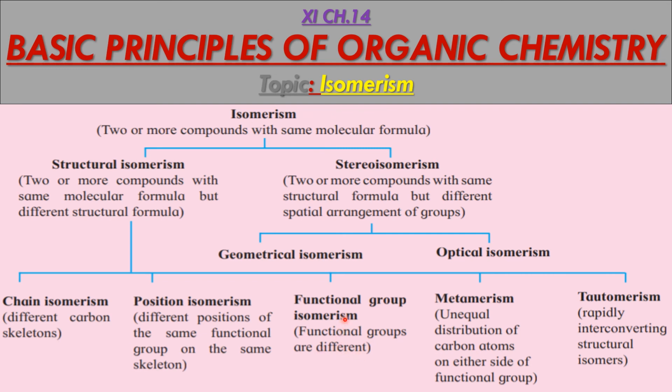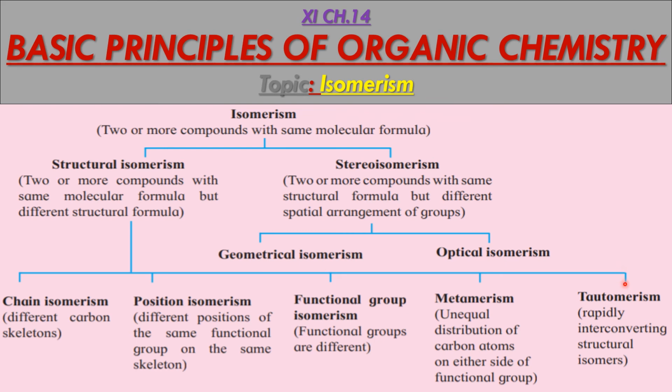Then functional group isomerism: in this type the functional groups in the two molecules are different. Their molecular formulae are the same, but functional groups are different. Then metamerism: in this case there is unequal distribution of carbon atoms on either side of the functional group. That means in different molecules a different number of carbon atoms are present on the two sides of the functional group. And the last type here is tautomerism. In tautomerism, there is rapid interconversion of structural isomers.